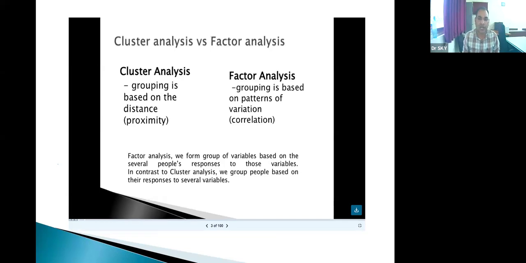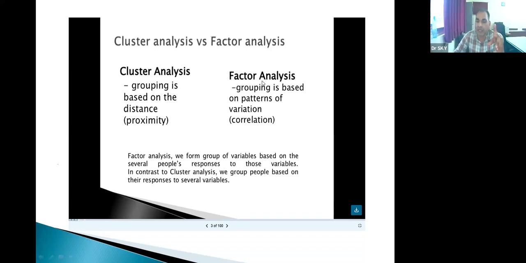See here how cluster analysis and factor analysis work. Here is a comparative chart of cluster analysis versus factor analysis. These are some facts about the two. In cluster analysis, we group the objects based on distance, that is, proximity.